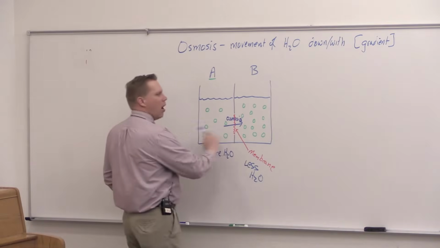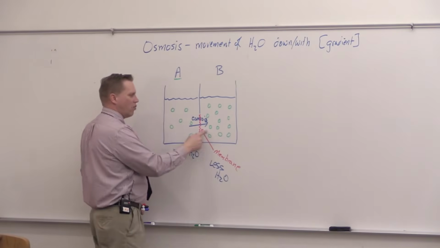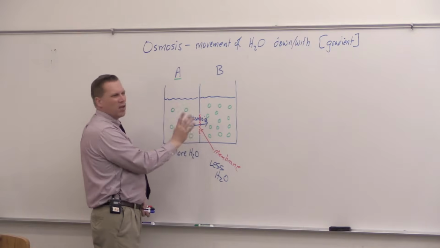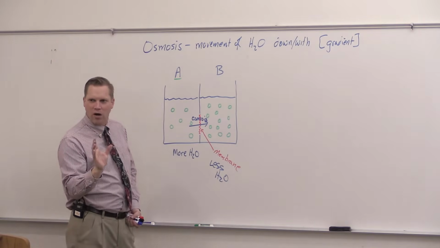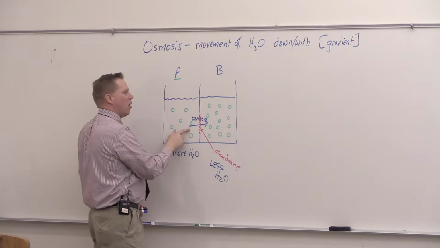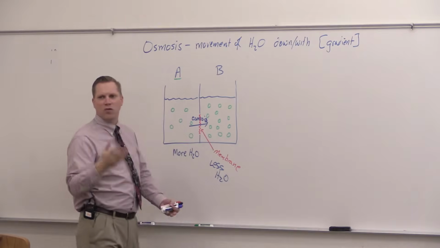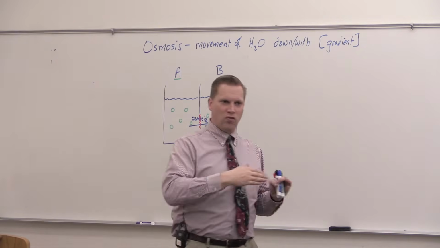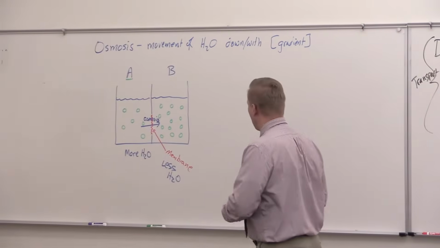Now, that water will continue to flow until it equalizes the concentration of water. It's a little bit hard to visualize the concentration of water, so it might be easier to think that the water is going to flow here until the concentration of green solutes is equal on both sides. So it will just go until it hits that equilibrium, or that's what it's going to try to do.